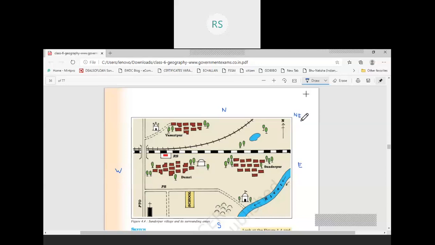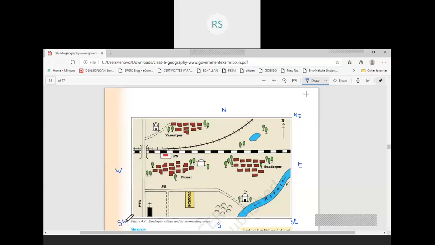And this corner, which direction is this corner indicating? This corner is indicating the direction of southeast, because this is in between south and east. Okay, then this corner is indicating southwest, because it is in between south and west.